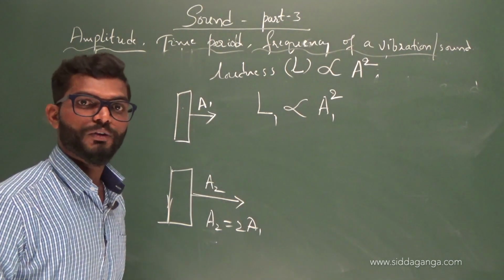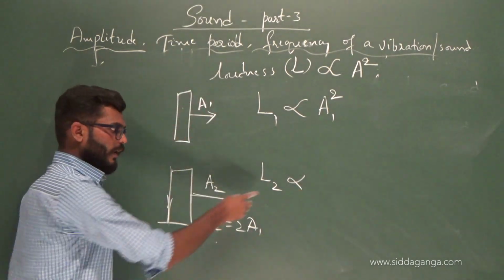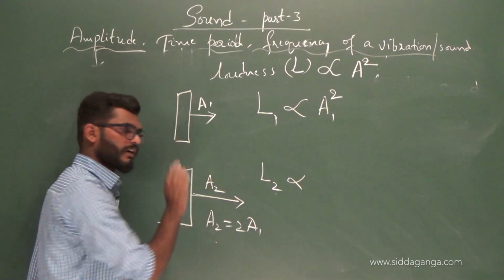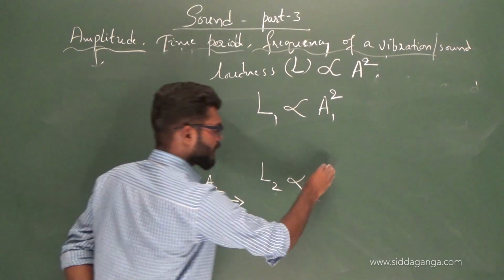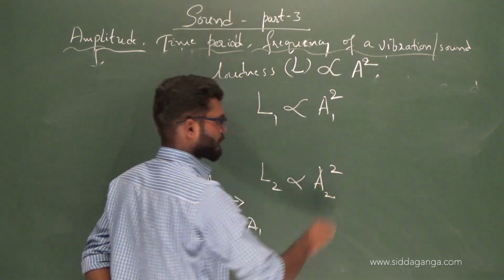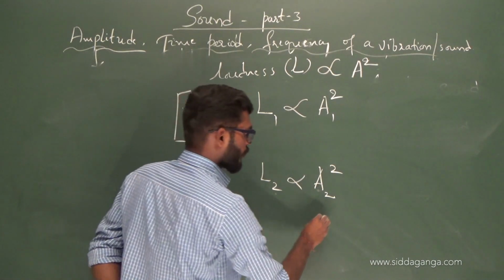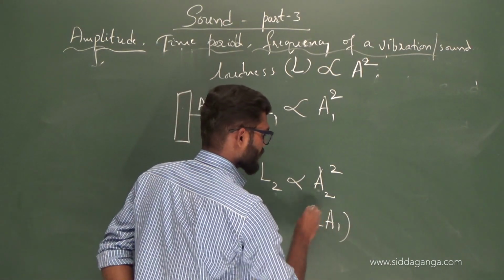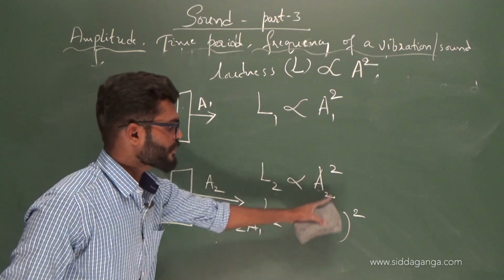Loudness of the sound produced by the second body, I will call it L2. It depends on its amplitude square. Here amplitude 2 is twice the amplitude of the first body.